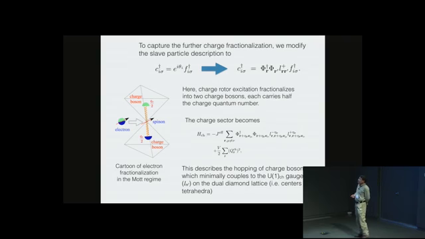So this is the cartoon picture of the electron fractionalization in this Mott regime. The electron fractionalizes into a spinon and two charge bosons, each carrying half the electron charge. So the charge sector in the Mott regime becomes this.